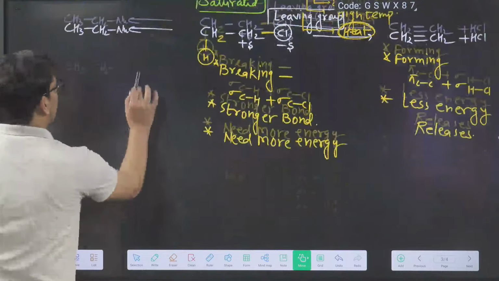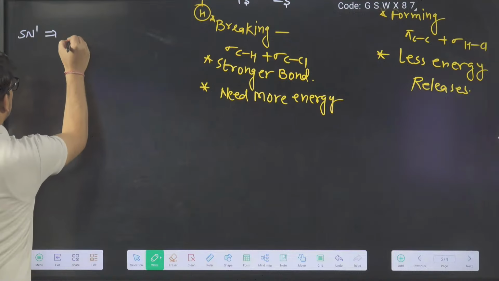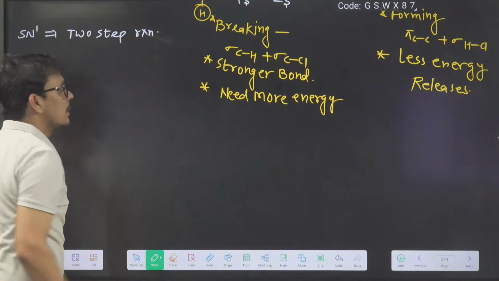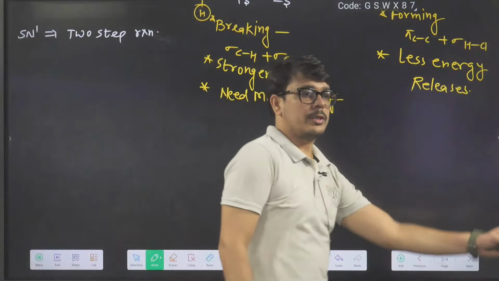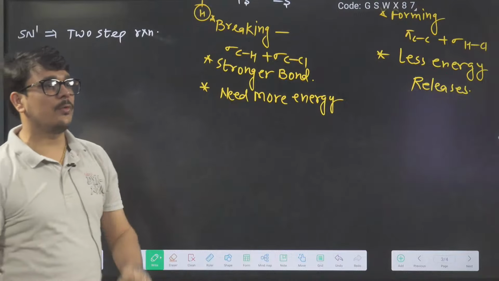SN1 characteristics, I'm asking you. SN1 is a two-step reaction or not? Mechanism I'm not discussing here; time is not sufficient. SN1 is a two-step reaction, yes or no? Out of these two steps, the first step is carbocation formation.